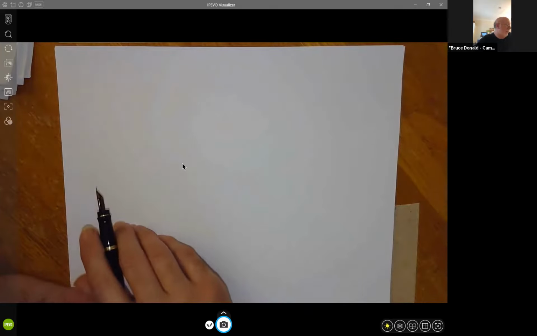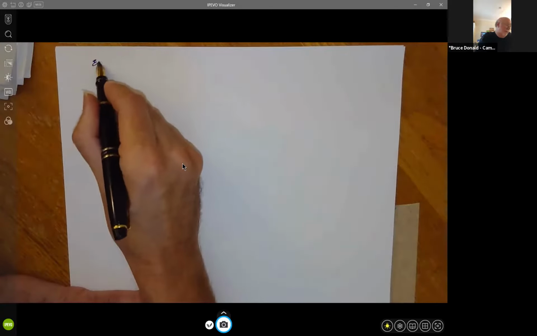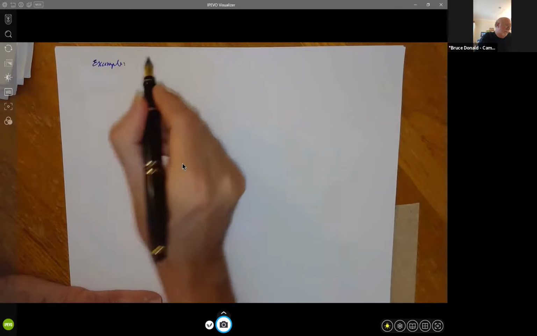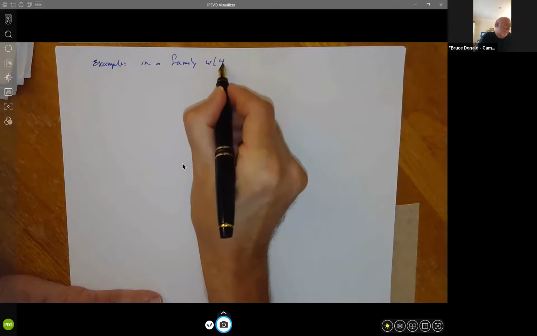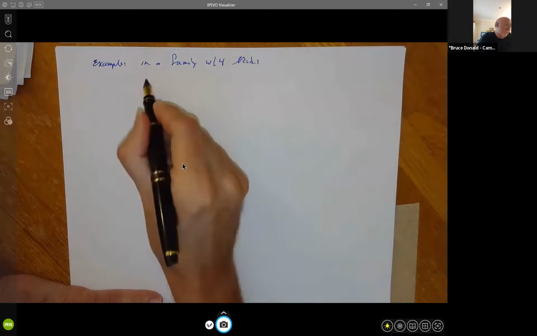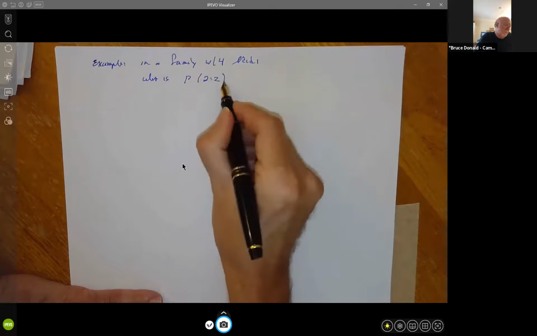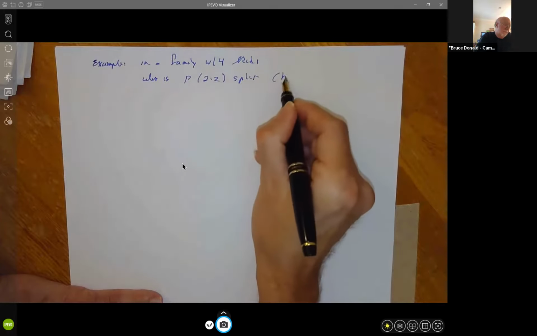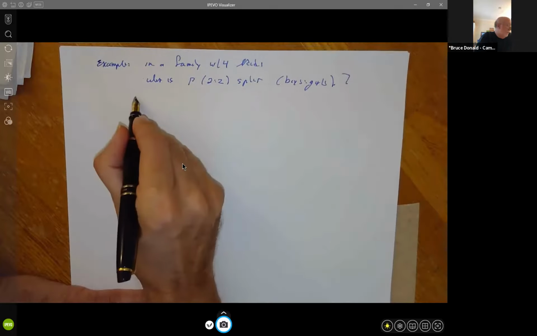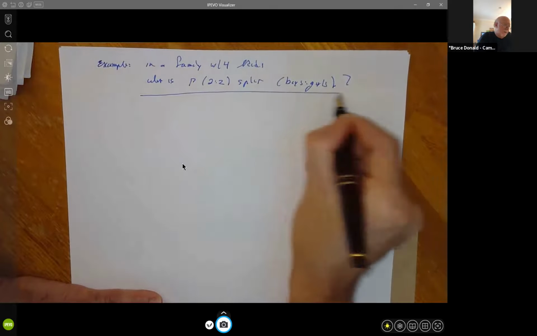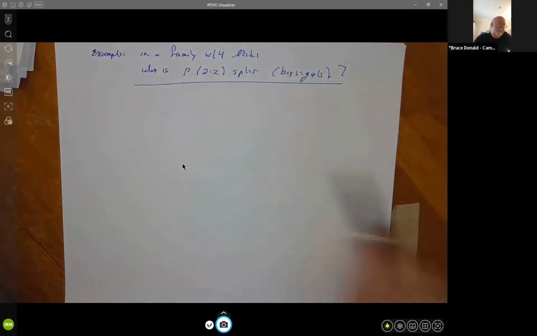What's the probability that there's a 2-to-2 split between boys and girls? We'll do some calculations, or at least set them up in a minute. But what do you think this probability would be?